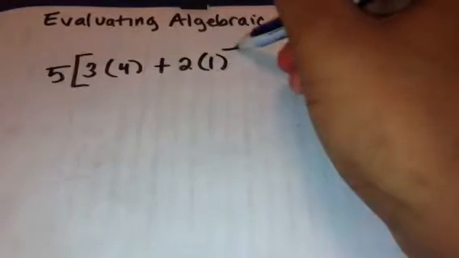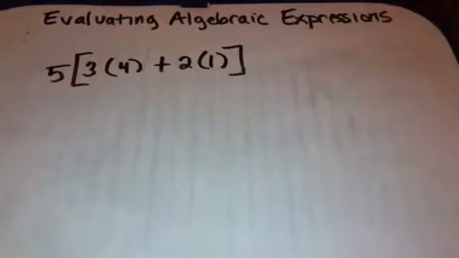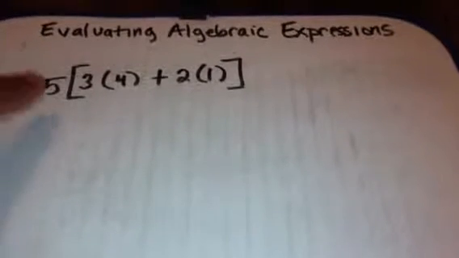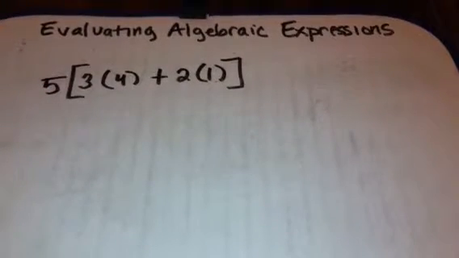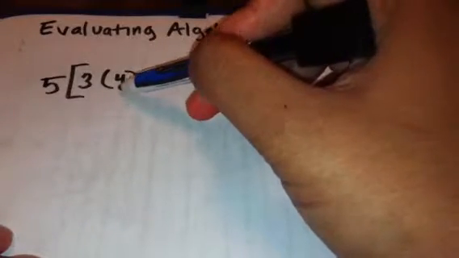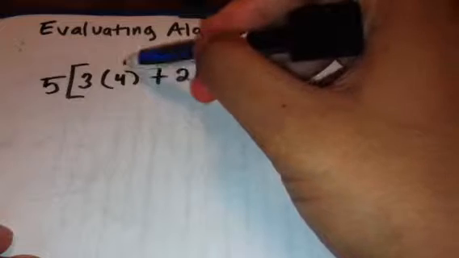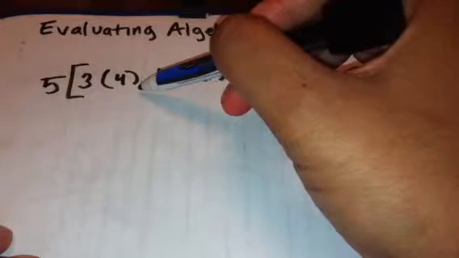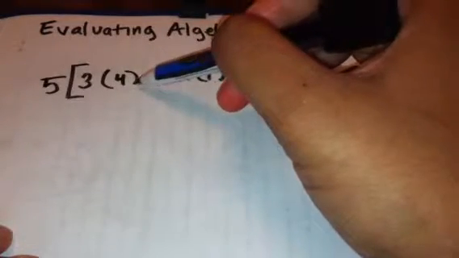What we have here, you can read it left to right if you want to, but we're going to be working it from the inside out because we have brackets and we know that we do that first. Now take these parentheses. There's nothing inside of this except for a 4.